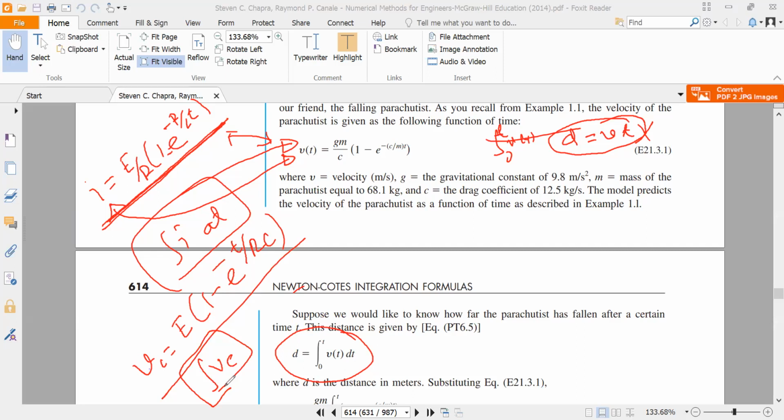Is there any meaning or something like this? For example, if we have a constant voltage, E, integrating between 0 to T, you will get ET, right? Yes, sir.